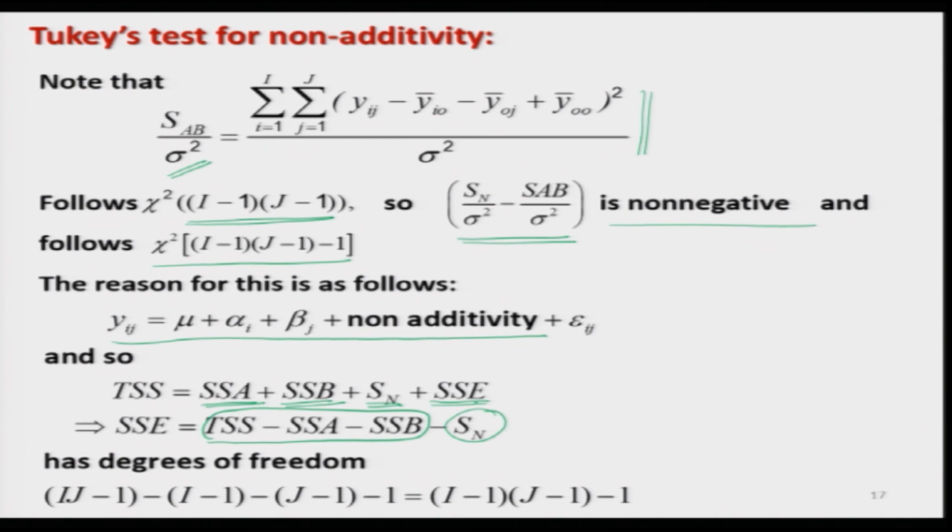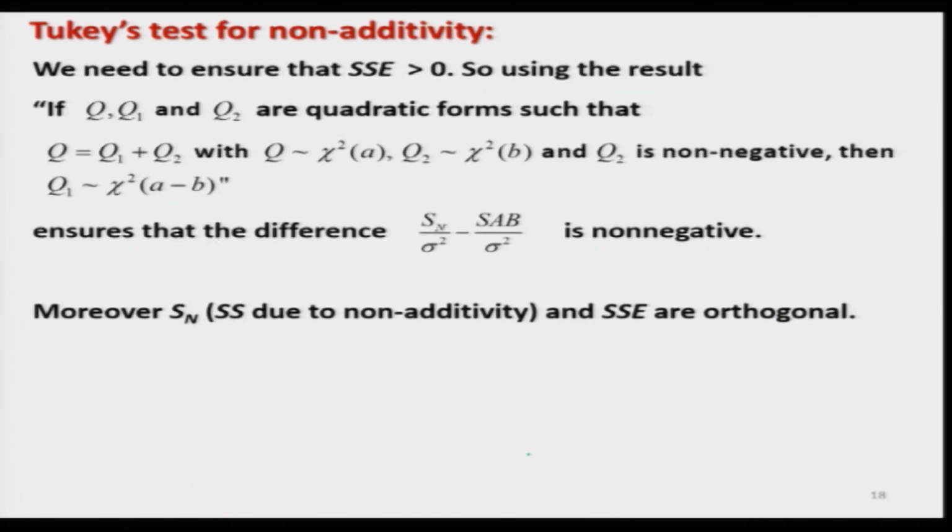Now this Sn involves only 1 degree of freedom. TSS, SSA and SSB have degrees of freedom IJ minus 1, I minus 1 and J minus 1 respectively. So if you compute the corresponding degrees of freedom for SSE, it comes out to be simply (I minus 1) into (J minus 1) minus 1, right.